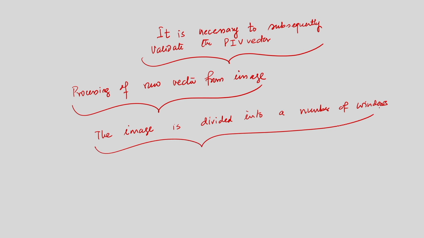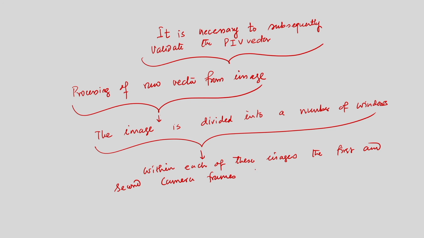Next, within each of these windows, the first and second camera frames are correlated to estimate an average displacement vector.